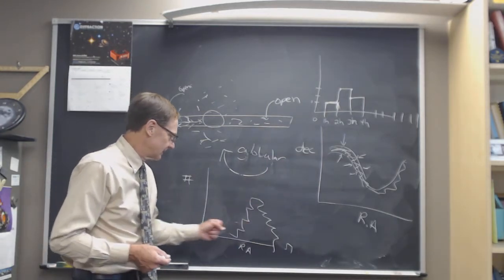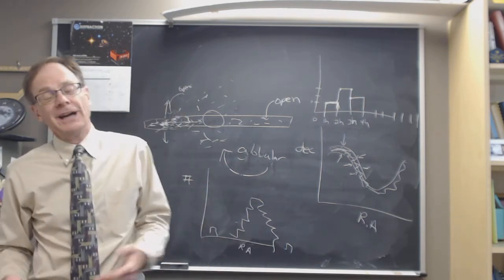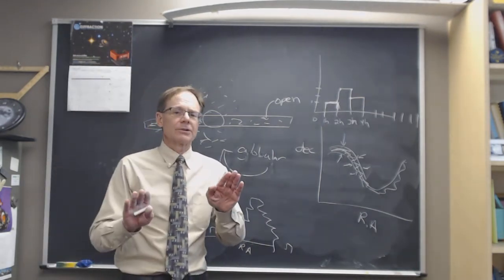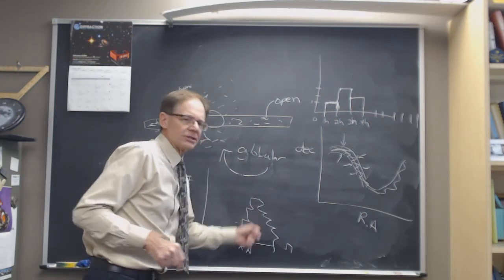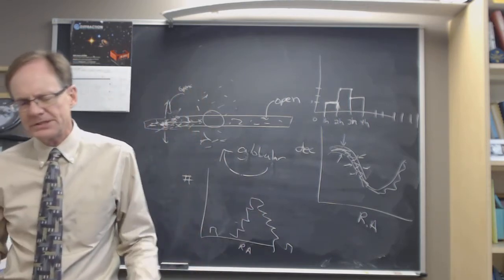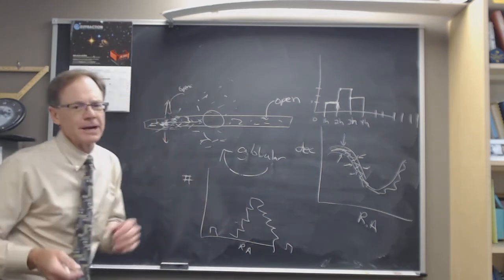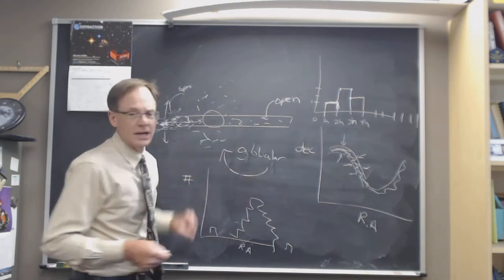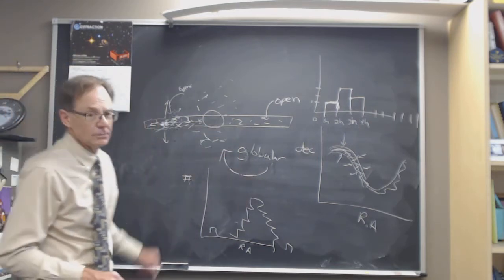The histogram has the number on one axis and the time they arrived on the other, and I can go back 20 years and tell you by day of the week whether trick-or-treaters are more likely to come earlier or later. So this histogram goes a long way to helping you understand that. Practicing making histograms helps you become a data analyst, thinking about how we're going to use that data analysis to understand something about our galaxy or the nature of these open star clusters or globular star clusters.